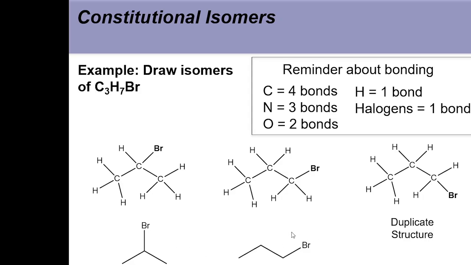And of course, bromine replacing another hydrogen on the same carbon does not give you a different structure. So when you draw constitutional isomers, don't duplicate the structures. Always examine, after you draw a structure, whether two structures may look different but are actually the same. Of course, you don't want to miss any structures either.